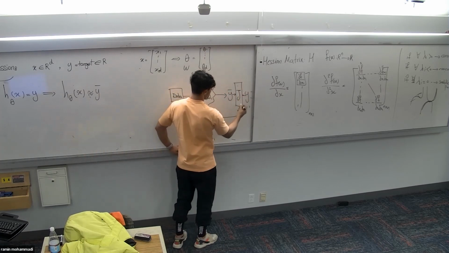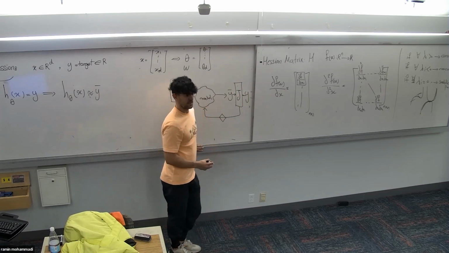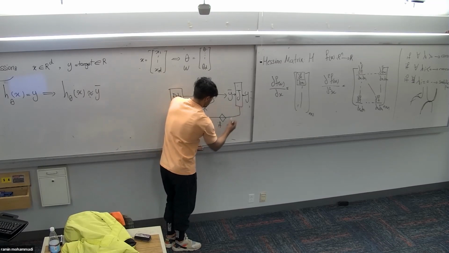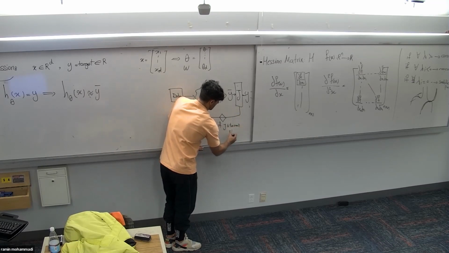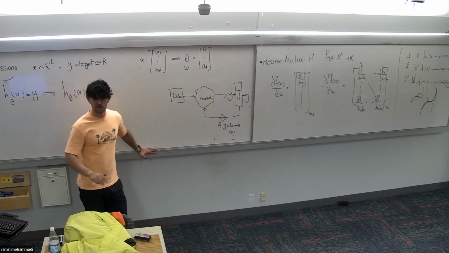At some point here, we have an if statement: if J is too small, stop. If the error that I'm seeing is too small, that means I have learned.